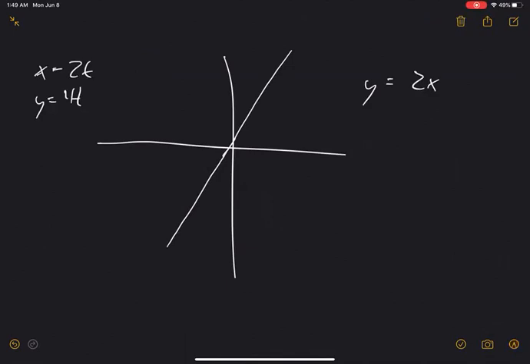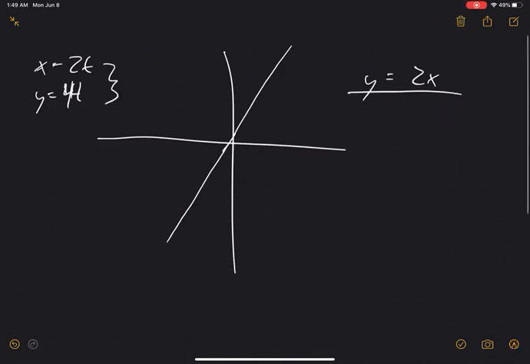And then once we graphed them, we saw that the graph ends up being the same thing as y equals 2x. So if we have a case like this, where we could have just as easily written y as a function of x, can we take these parametric equations and convert them into a Cartesian equation? Okay.